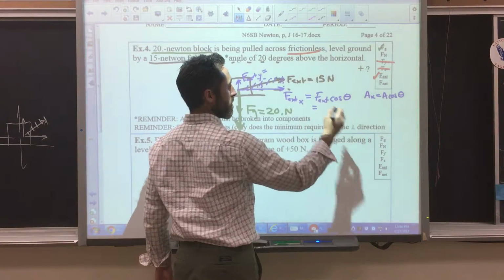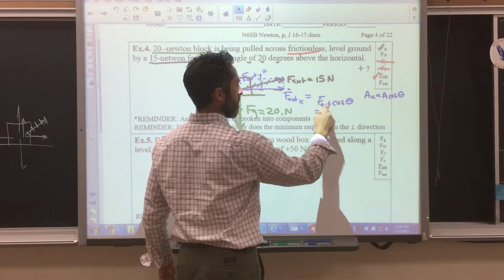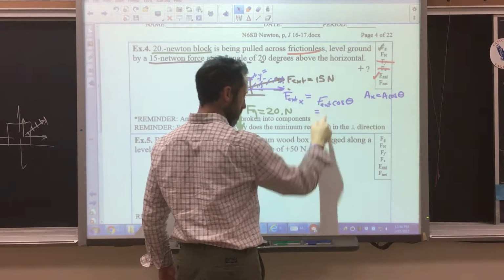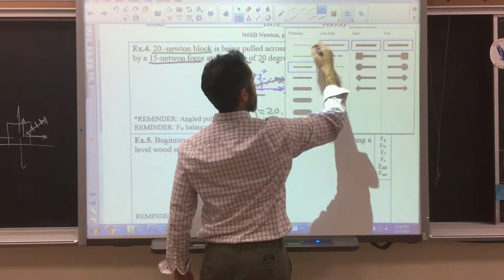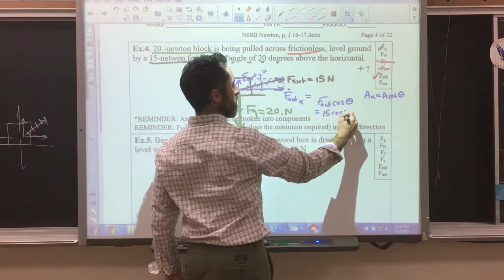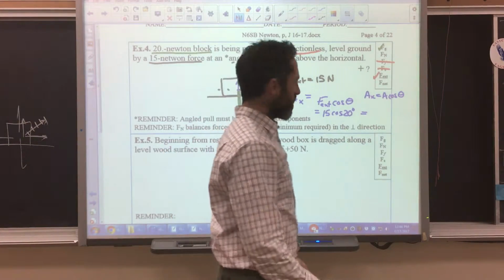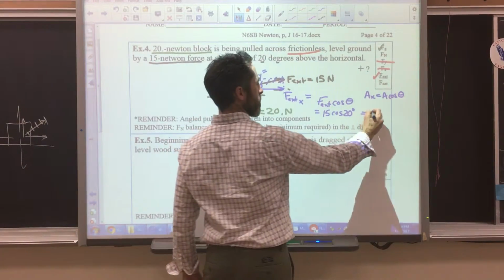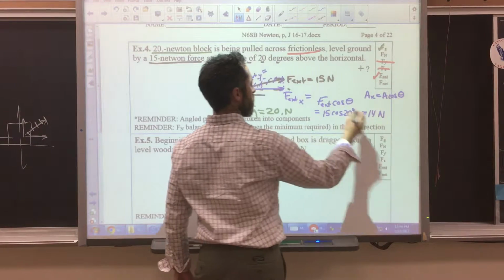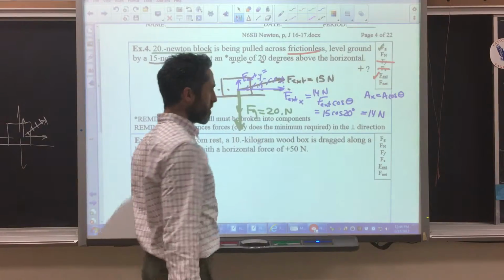F external cos theta is 15 newtons times cosine of 20 degrees, which comes out to, I believe, somewhere around 14 newtons. We're going to round numbers here, so that's fine. 14 newtons. So our F external here in the x direction is 14 newtons.